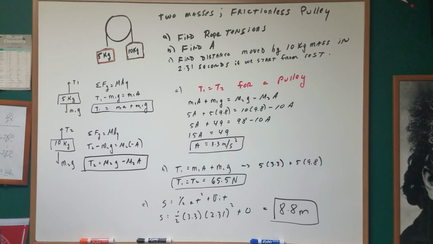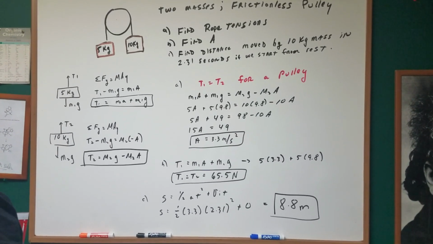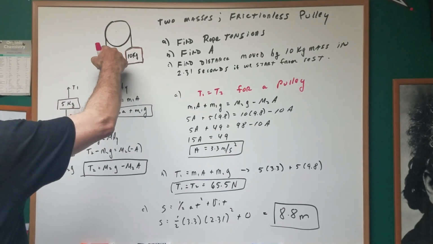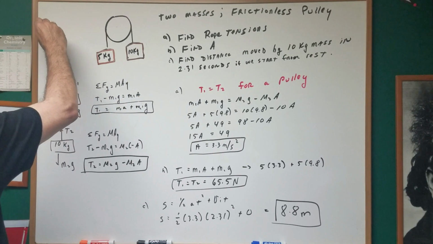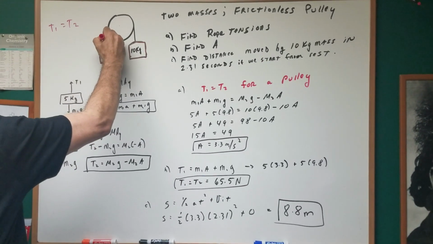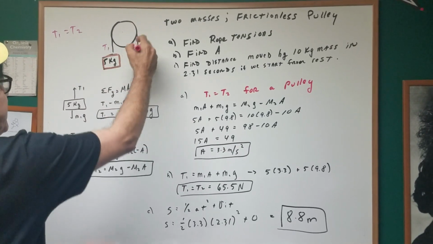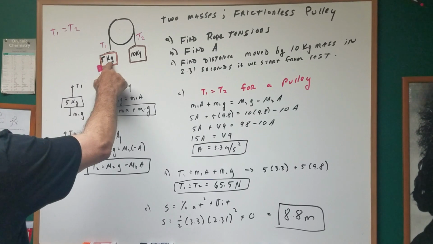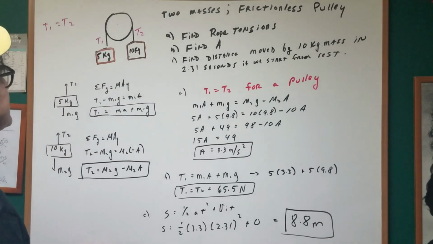The first thing that we're going to do in these problems is make two assumptions. First assumption I'm going to make is that rope tensions are always equal. So before we start, T1 is equal to T2. I'm going to call this rope T1 and this rope T2. So this would be mass 1 and this is mass number 2.